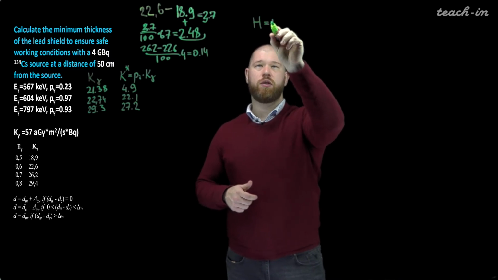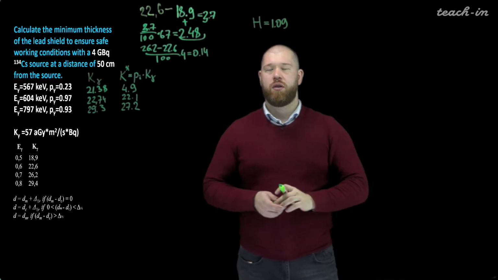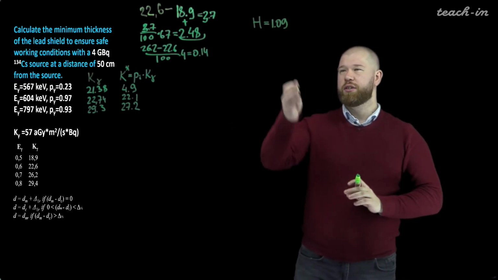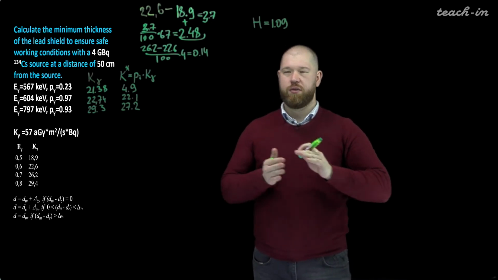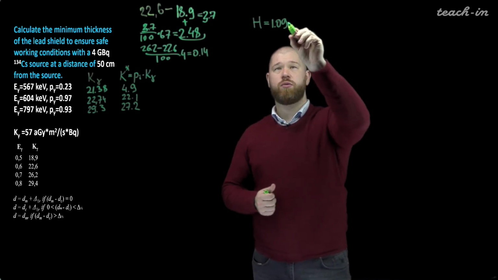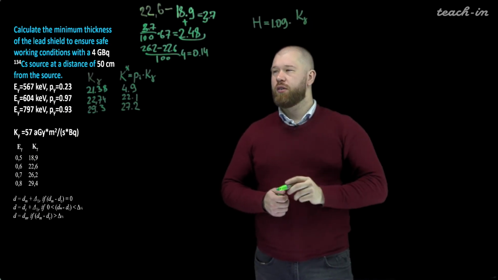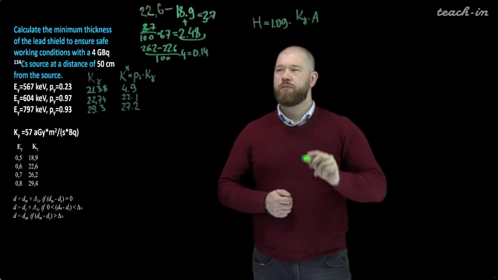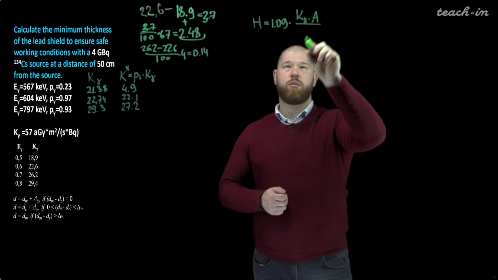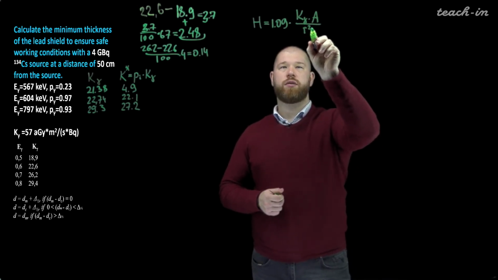I hope that you remember this equation. So it is the equivalent dose. We multiply this coefficient, which is the coefficient to go from the air to the biological tissue. Then there is a gamma constant for our radionuclide multiplied by the activity, divided by the distance.